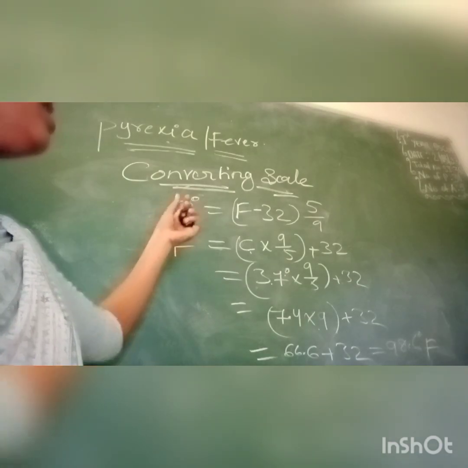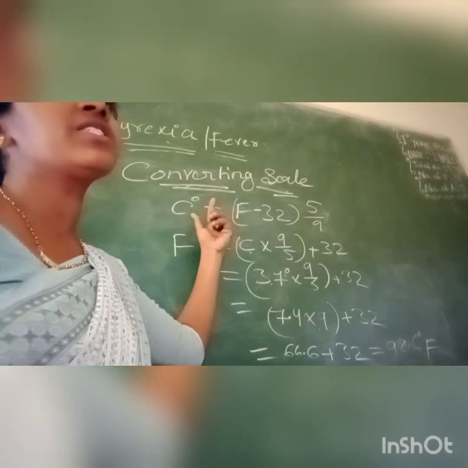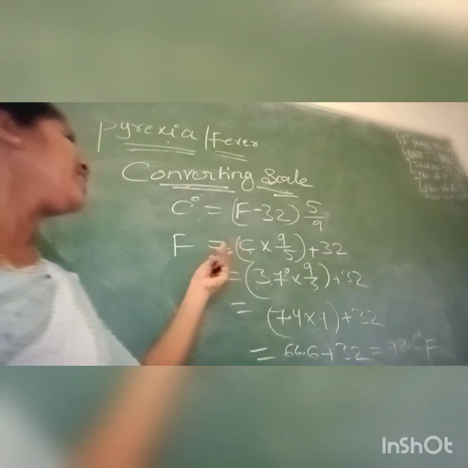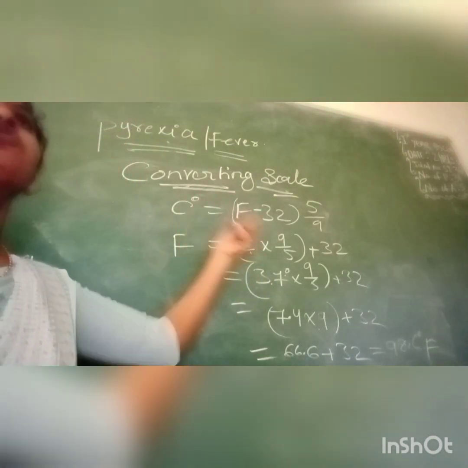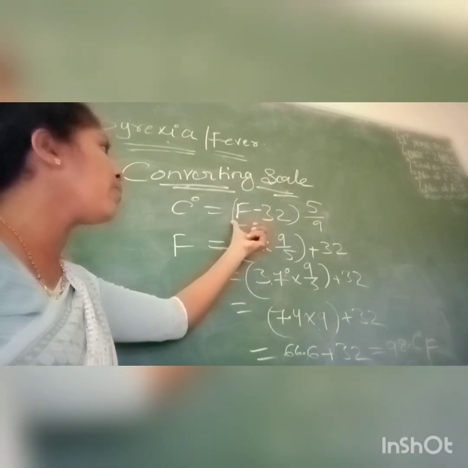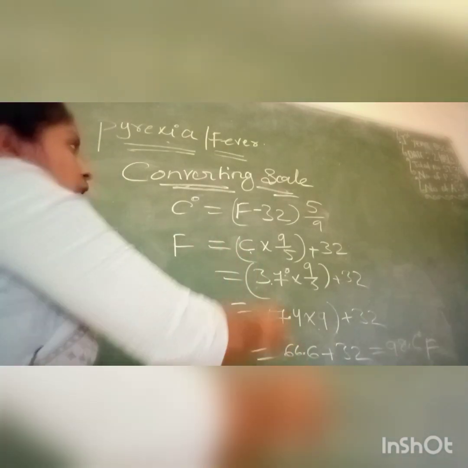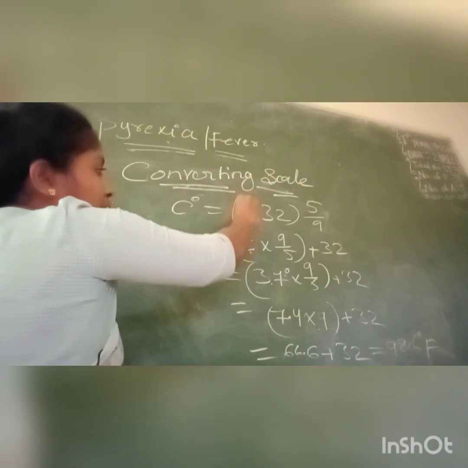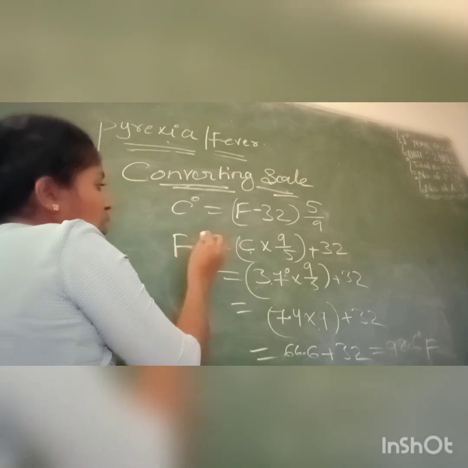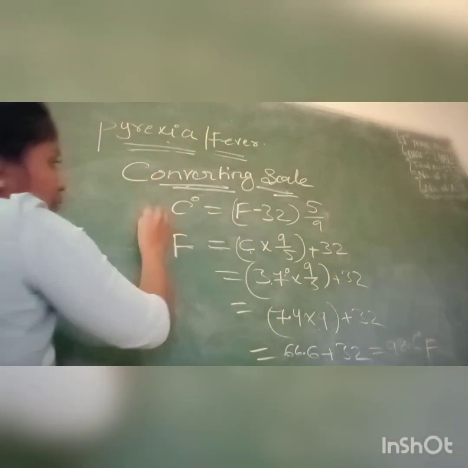Now let us see the converting formula for Celsius to Fahrenheit. From this same formula, we can get another formula for Fahrenheit. We will keep this F in the same place and we shift the rest of the formula to the left side.